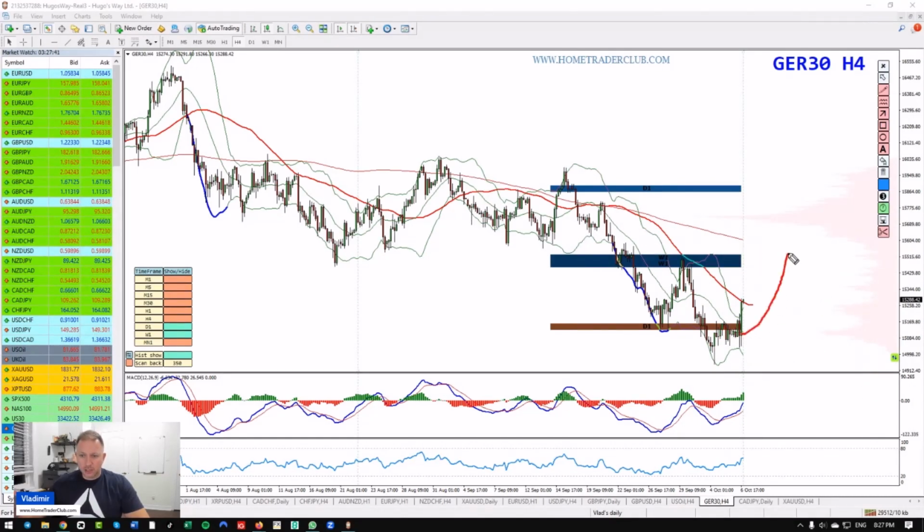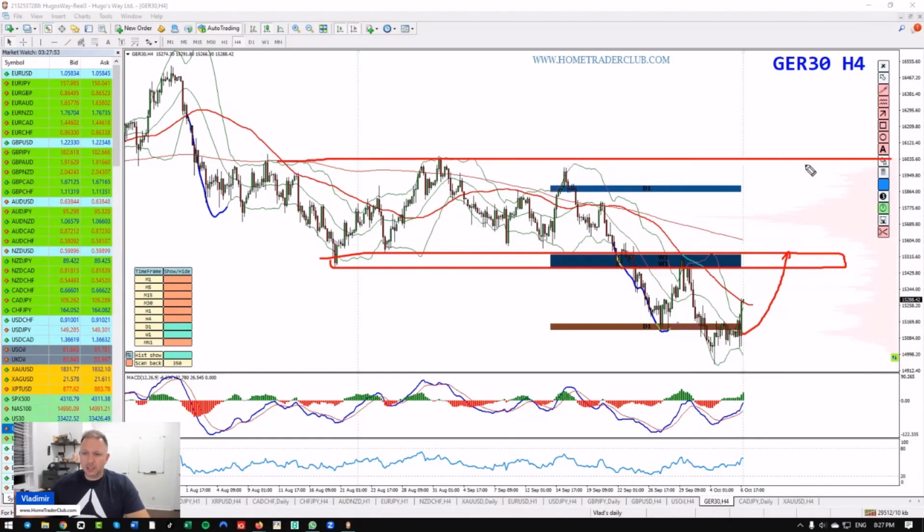So what I want to see is the price reaching the zone of broken support that now acts as resistance. If the price goes beyond this level, which could happen, we have the next key zone in place where sellers rejected many times. And if we reach this zone again, the next sell could be right from there.